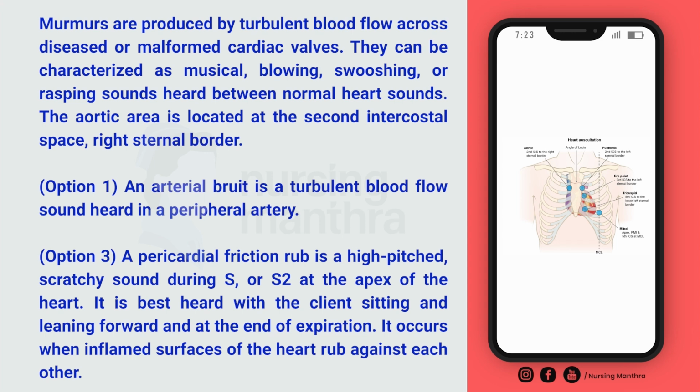The aortic area is located at the second intercostal space, right sternal border. So, in the question, they were asking regarding a blowing sound. Here, murmurs will produce a blowing or swooshing, musical or rasping sound between the normal heart sounds. And the aortic area, in the picture you can see, is located in the second intercostal space on the right sternal border.